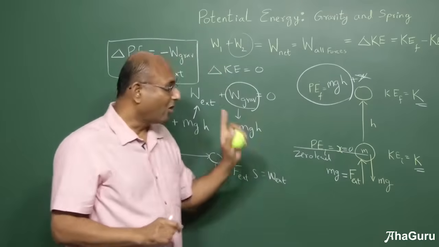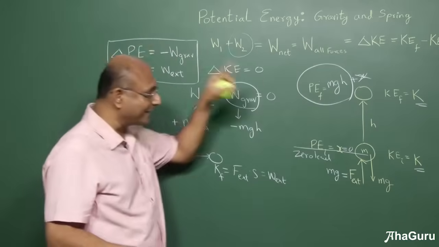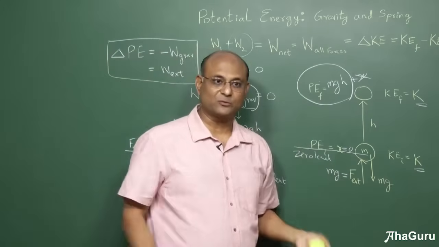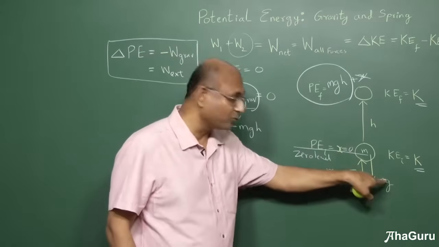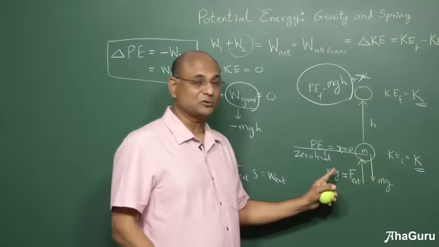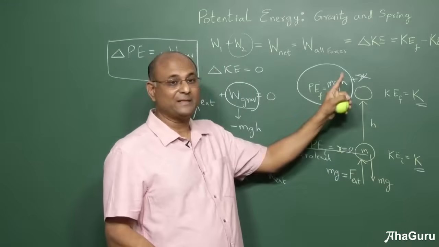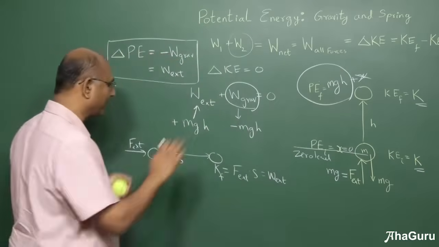Clear? Or you can say minus of the work done by the gravitational force or that conservative force, any conservative force. So you can either use the minus sign for that force, or you can use the plus sign for an external force. But with external force, you should be careful that it was done in such a way that no kinetic energy change happened. Okay, that is about a broad thing.